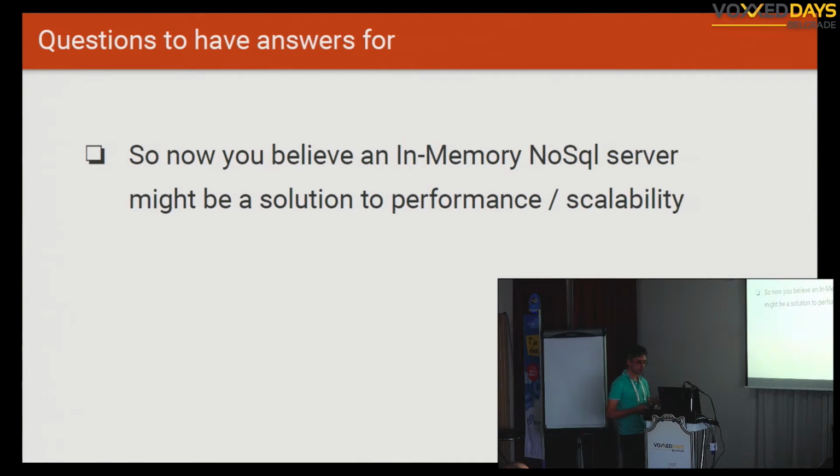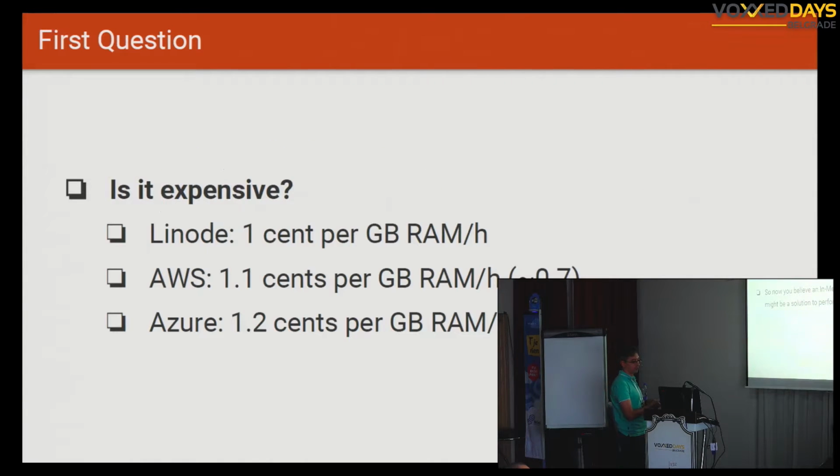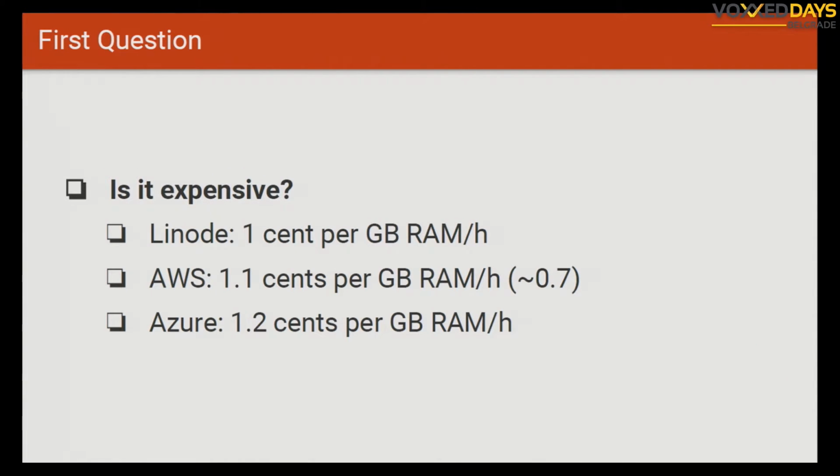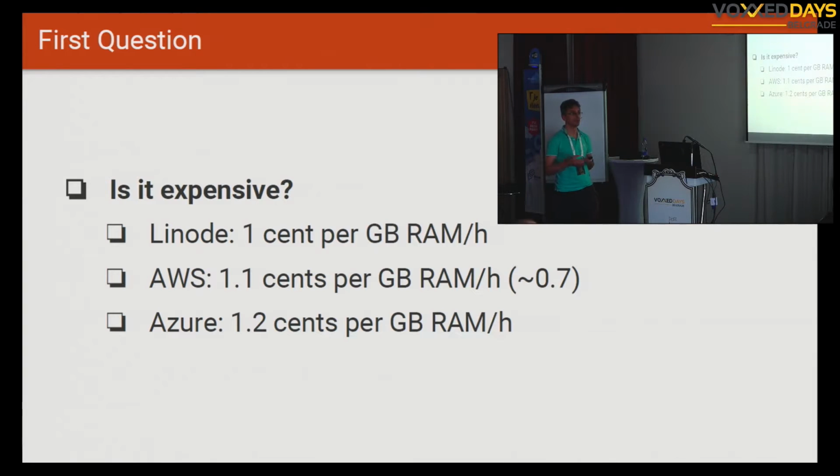So the first question which comes to mind if you pick some in-memory NoSQL is whether it's expensive. Now you're thinking about storing data in RAM, and you know that the price is much bigger than storing it on a disk. It doesn't even compare to SSDs.